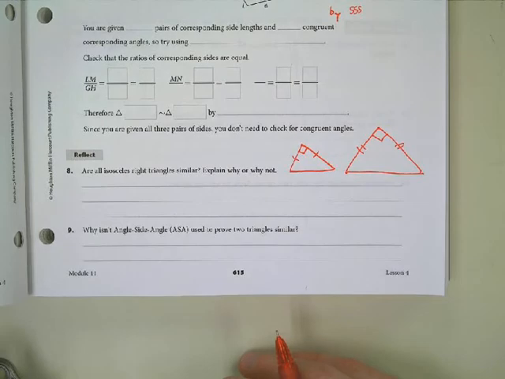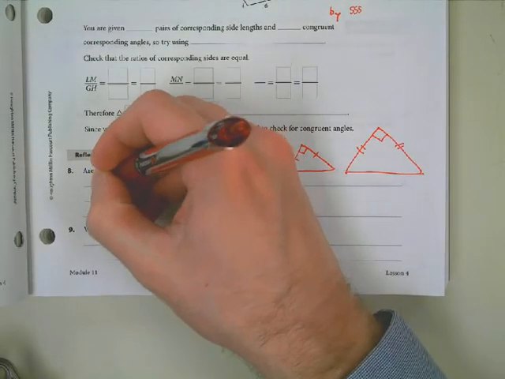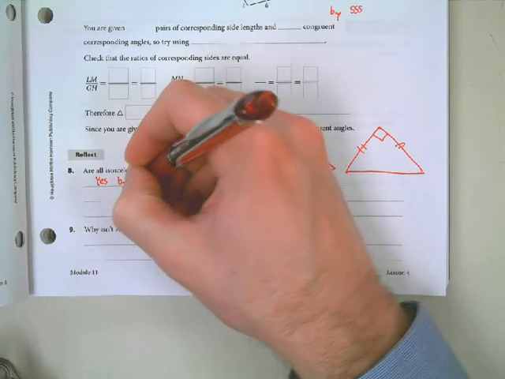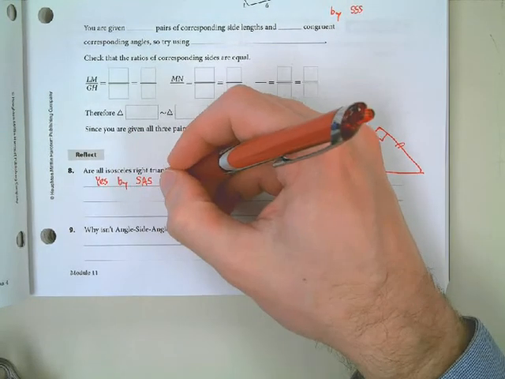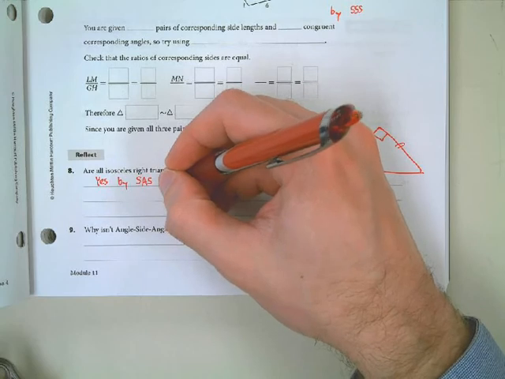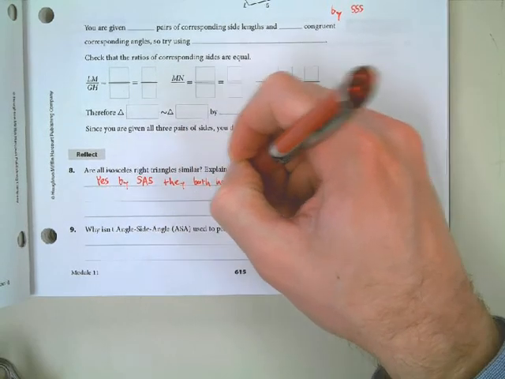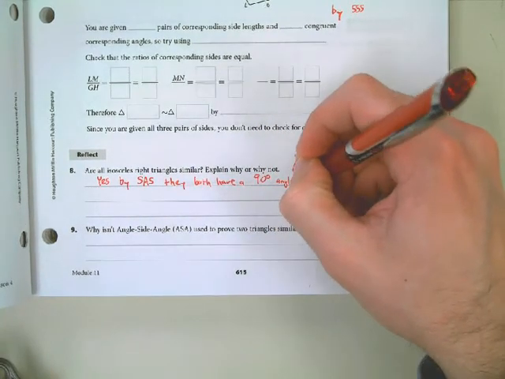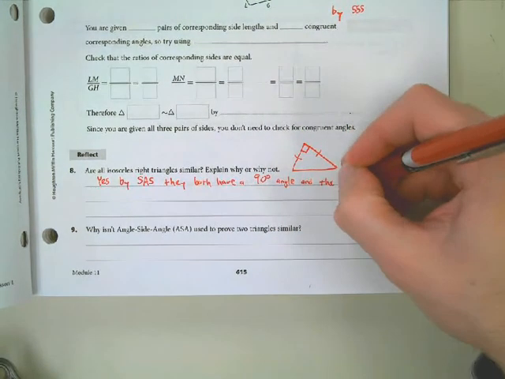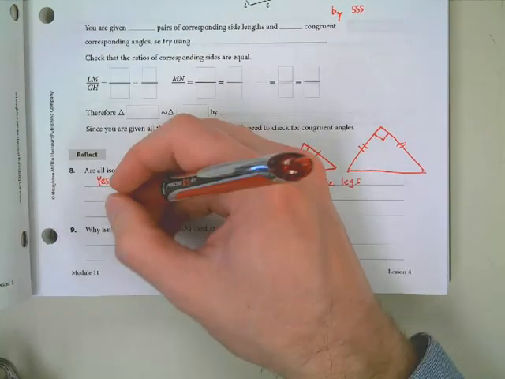Yes, by side, angle, side. Okay? And you can say they both have a 90-degree angle, and the legs will be proportional.